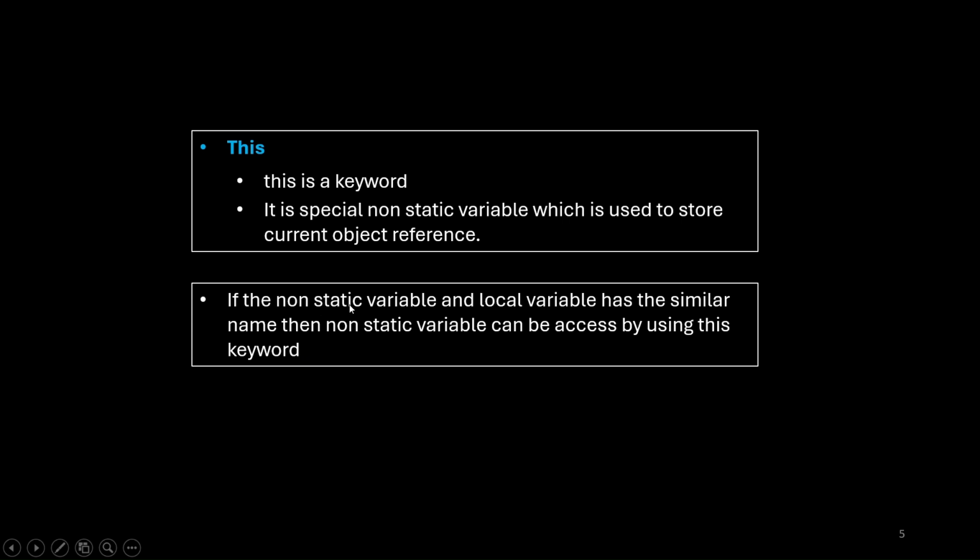Local variables are variables created inside the method, and non-static variables are created outside the method block. So whenever the names clash, the non-static variable can be accessed by using this keyword. In this video, that's all about it.